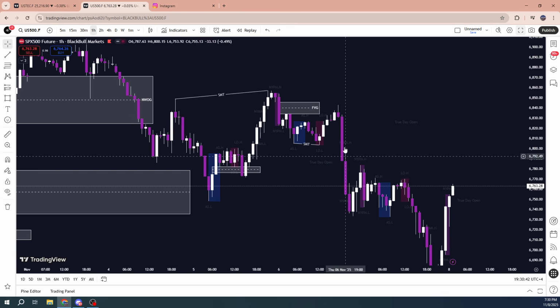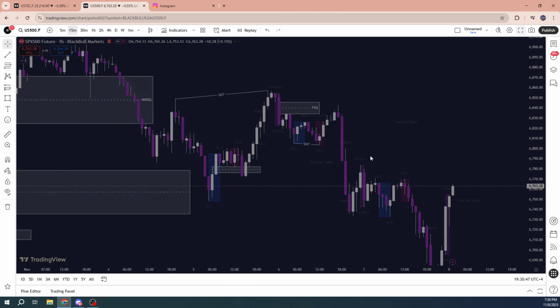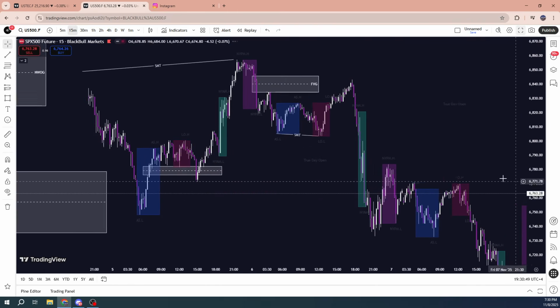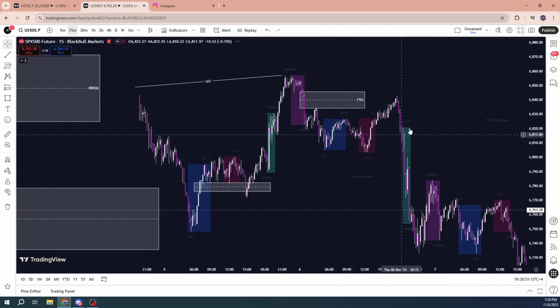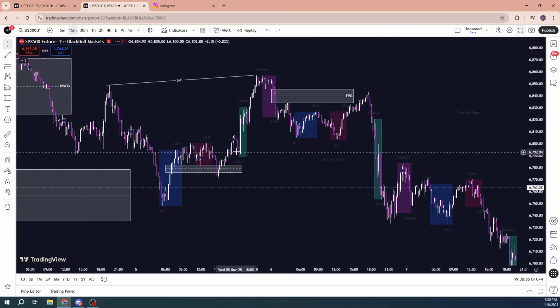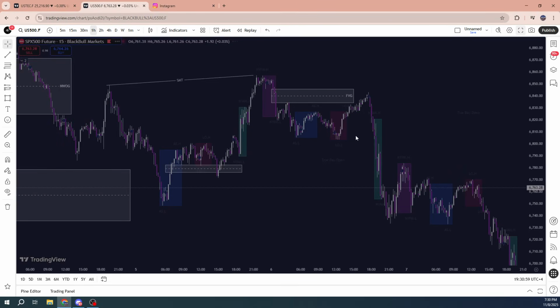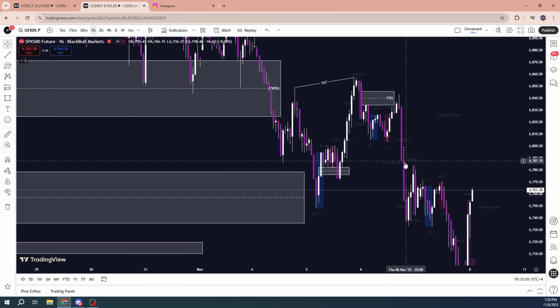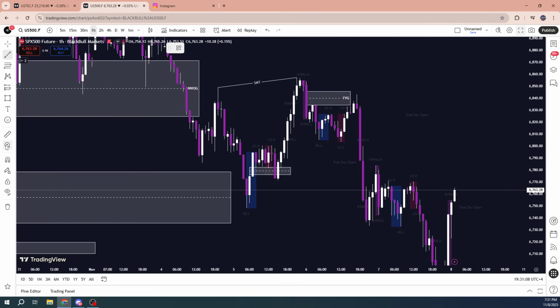So when we close this 1 hour candle, this is the time you have to start looking for sells. What do we notice? We respected the fair value gap on the 1 hour time frame. When this 1 hour candle formed, you would expect price to retrace a bit into the point of interest and then continue to go downside to target what?